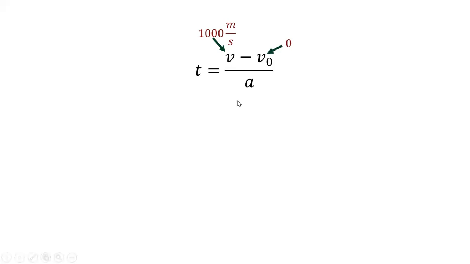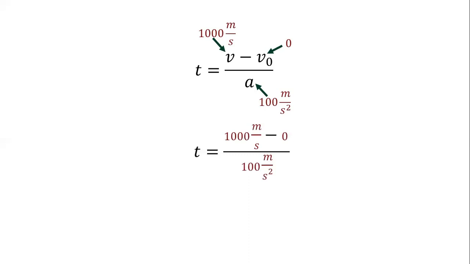How about A, or acceleration? Acceleration, or A, is 100 meters per second squared. Now we are ready to substitute these values into the equation. So we have T is equal to 1000 meters per second minus 0 all over 100 meters per second squared.